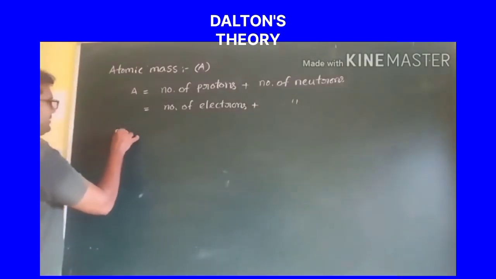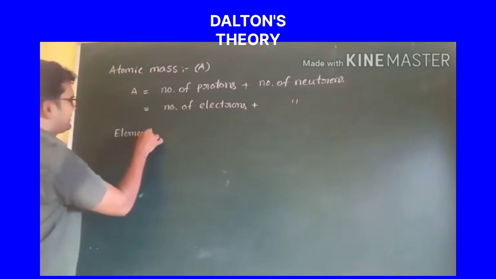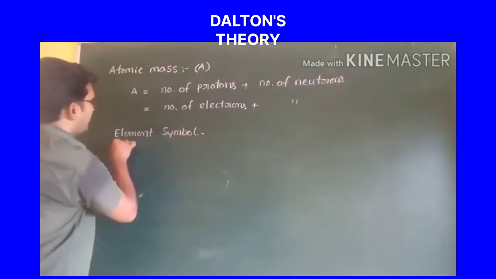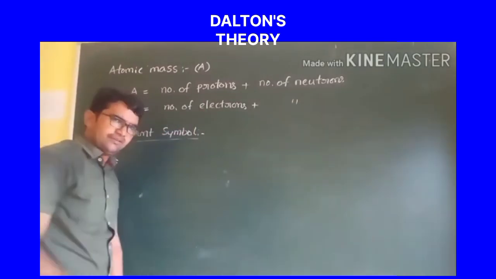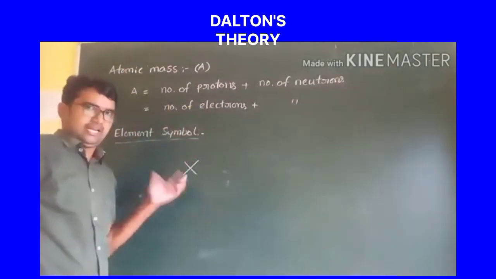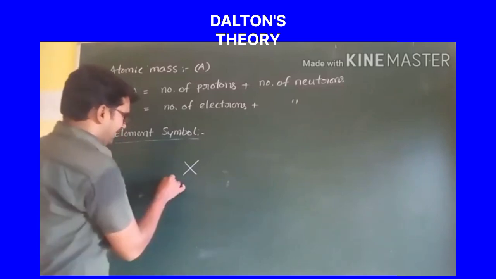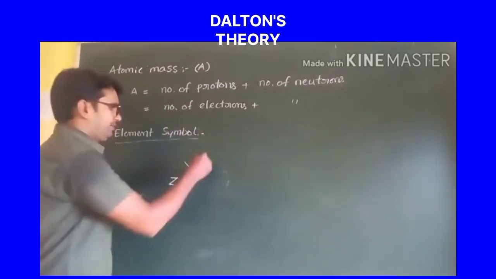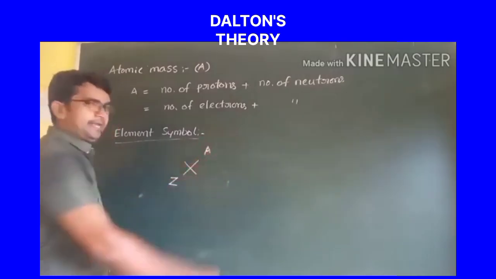Element representation or element symbol. How can you write an element symbol? This is most important. For any element, for example, X is an element. It is written with Z, the atomic number, in the lower position and A in the upper position.